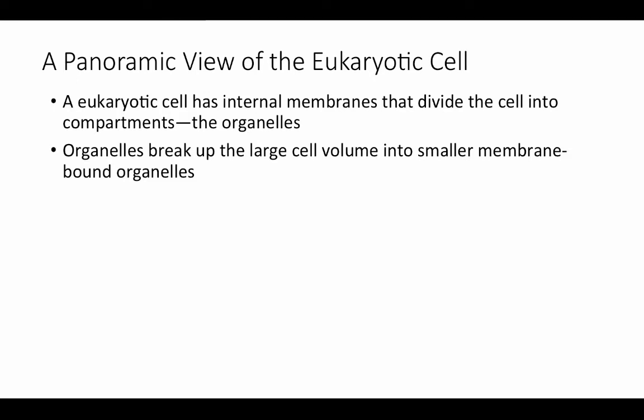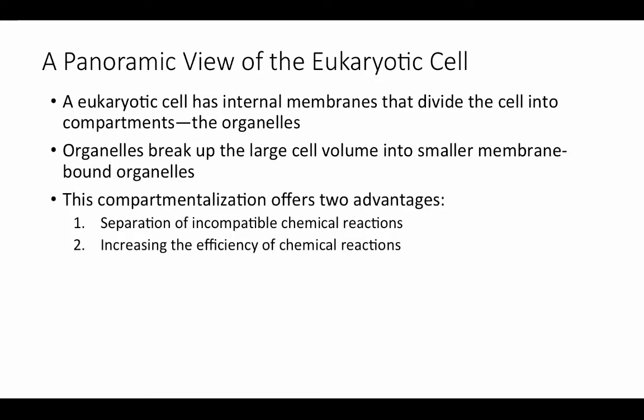If we think specifically about eukaryotic cells, a eukaryotic cell has internal membranes that divide the cell into compartments or organelles. So this is the endomembrane system. So organelles break up the large cell volume into smaller membrane-bound organelles. This compartmentalization offers two big advantages.